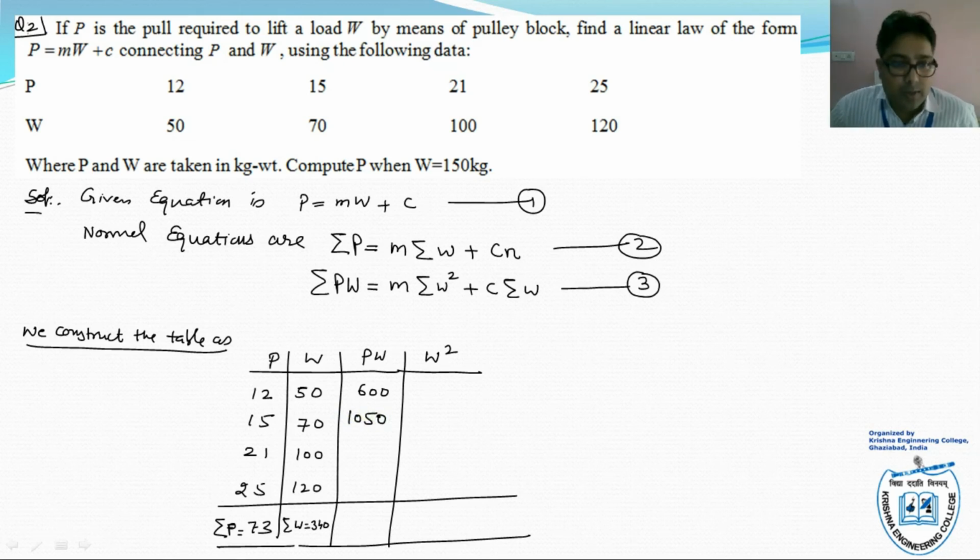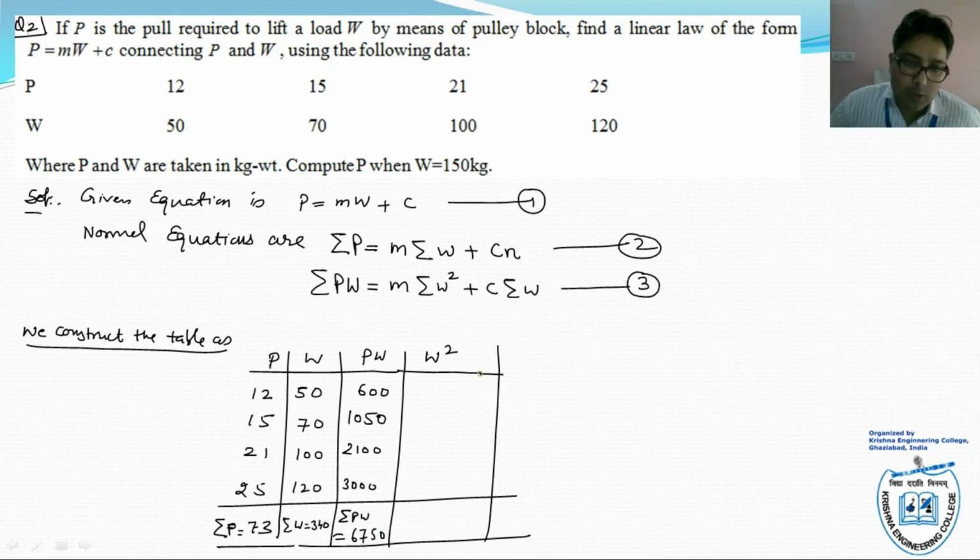The product 21 into 100 is 2100. The product of 25 into 120 is 3000. Clear? Now find sigma PW. Sigma PW is equal to 6750.